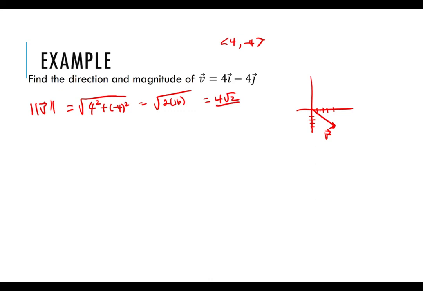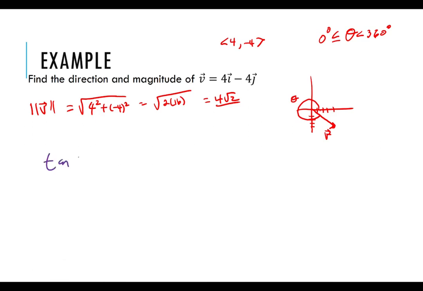Now, in general, when we're working with our thetas for this, we're going to find theta between 0 and 360 degrees, or between 0 and 2 pi. But we'll exclude 360, we'll always write it as 0. And so, if I want to find this angle, this is the theta that I actually want. But we need to be a little bit careful, because the way that we're going to find that is by doing what?